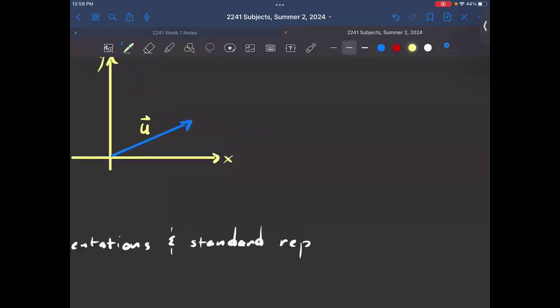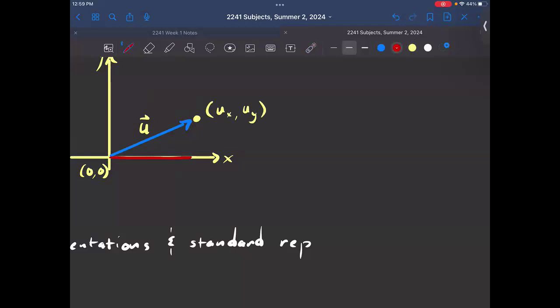We can take this vector u, put it right there, and then I'm gonna switch to yellow for this. We can see, well, the coordinates of the end point here are whatever they are, and the coordinates of the beginning point right there are the origin, so 0, 0. So we'll mark that. This is the point 0, 0. And this is the point u1, or maybe we'll call it ux for this example, ux and uy.